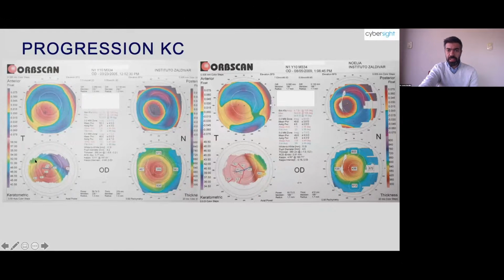The patient never did it, and they came back in 2009, 4 years after, with this huge cone, and the progression was very big, and the necessity of a graft was there. So this is a very good case to show you how the progression can appear if you don't treat it.